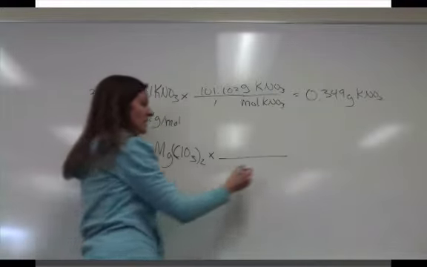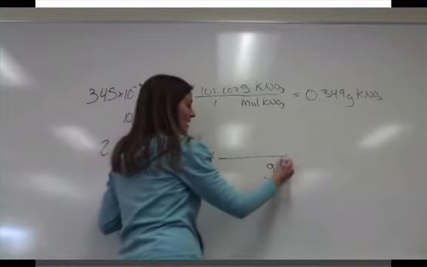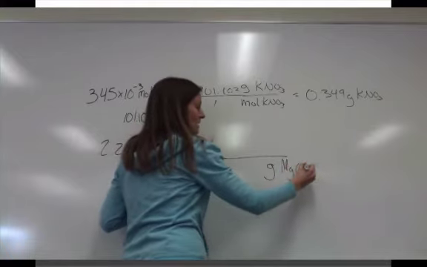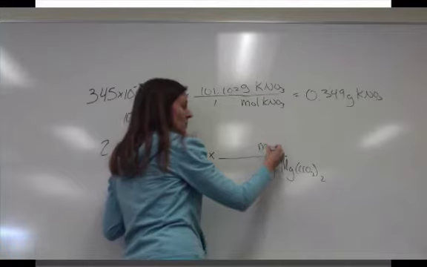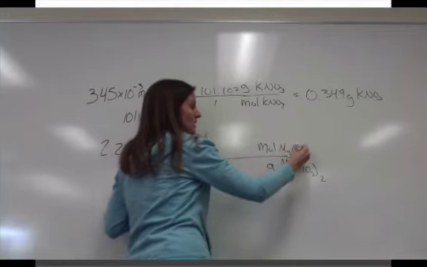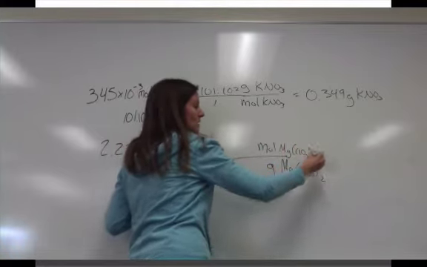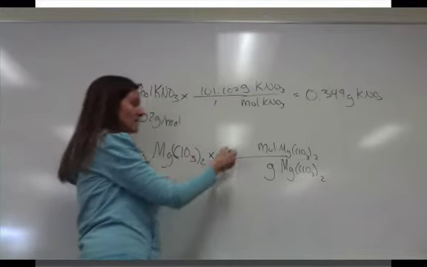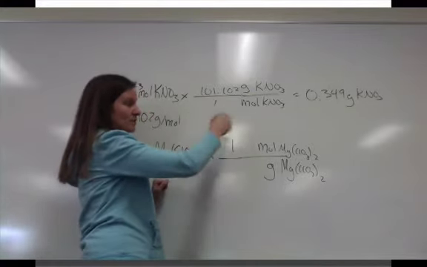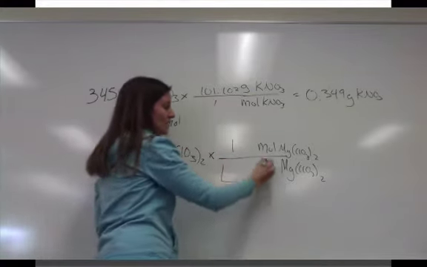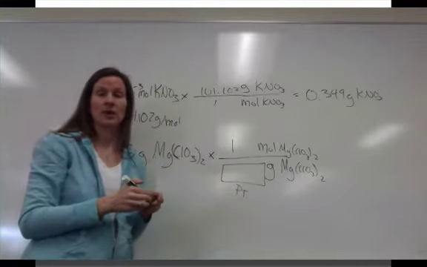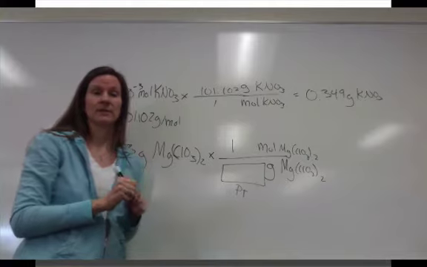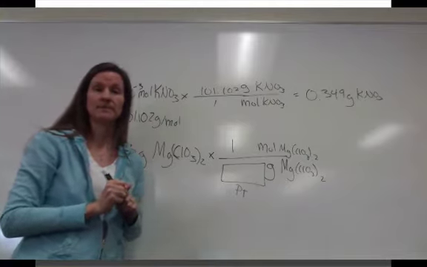This time, the unit you're starting with is grams of magnesium chlorate, and you're converting that into moles of magnesium chlorate. So this time, the conversion factor is flipped. The mass you get from your periodic table would be in the denominator instead of the numerator. Okay? That's the difference for this particular problem.